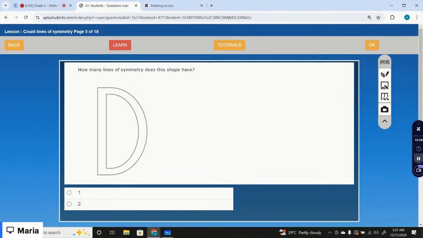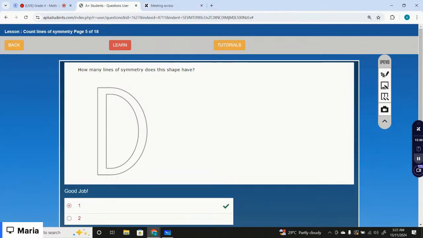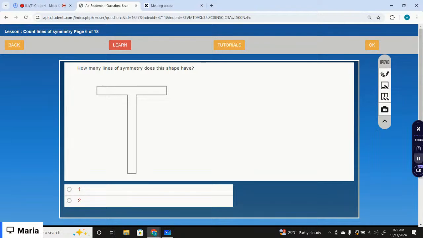The correct option is only one line of symmetry for this shape, right? Okay, you can complete the lesson by yourself later today. Let me just move on to the next lesson.